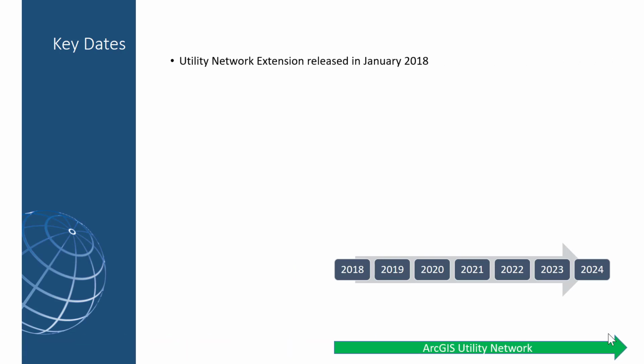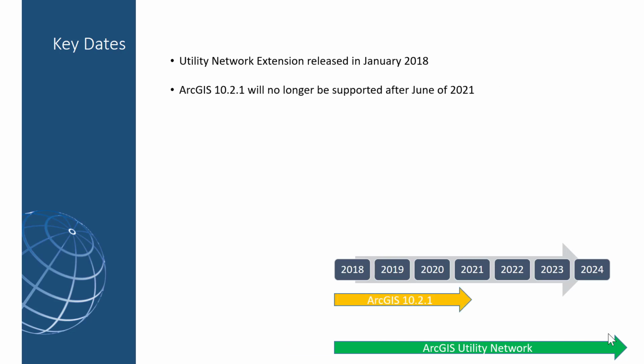So the utility network extension was released back in January of this year. And I want to say that it is Esri's long game for network management. So this is the next generation of network management beyond the geometric network. Where most of you are today is most likely at ArcGIS 10.2.1, also known as the utility release.